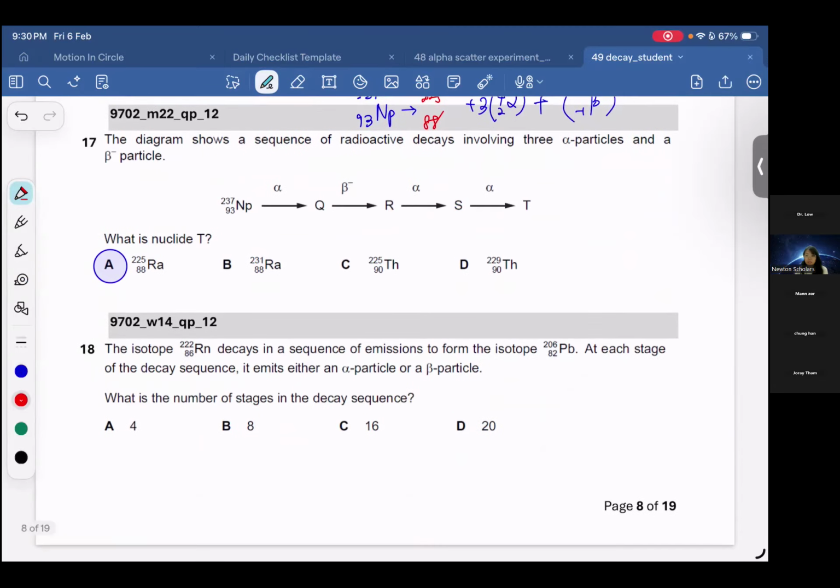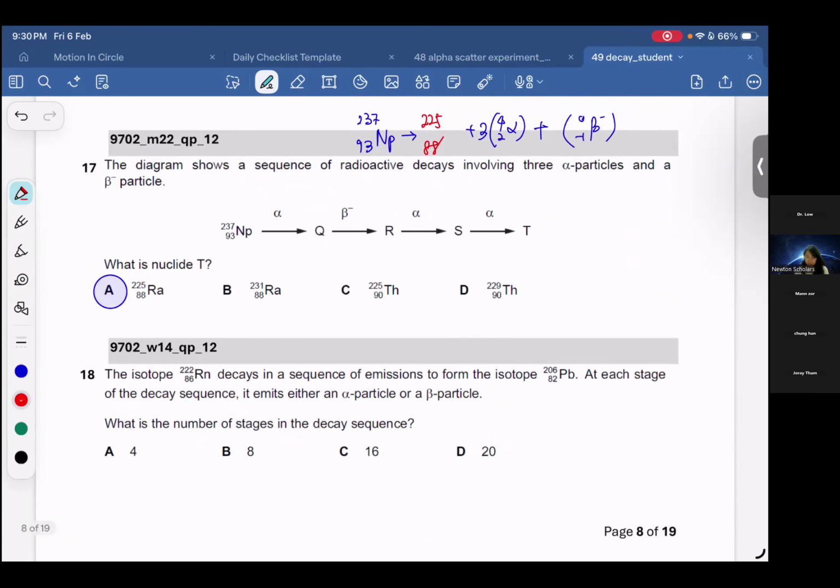Okay, question number 18. 9:30 already. We make this question, last question. What is the number of steps in the decay sequence? Correction. How many steps decay?